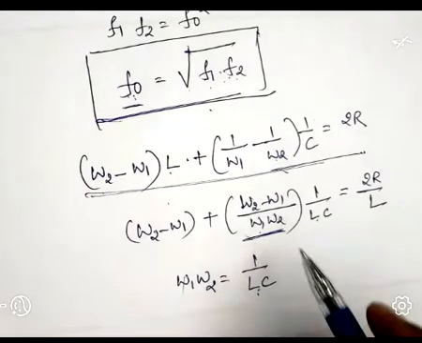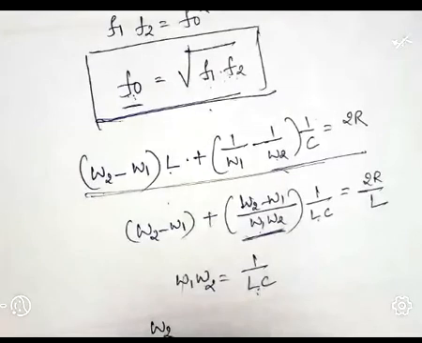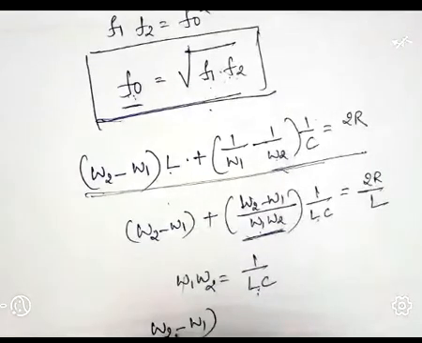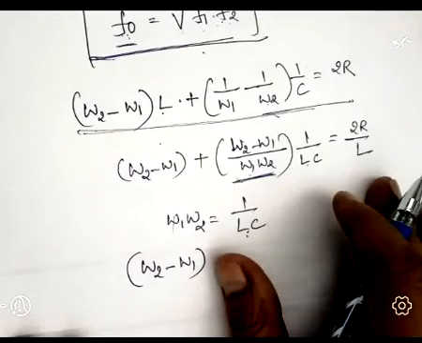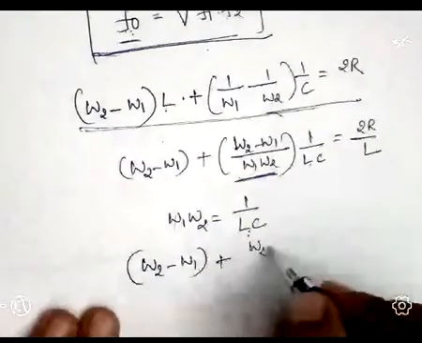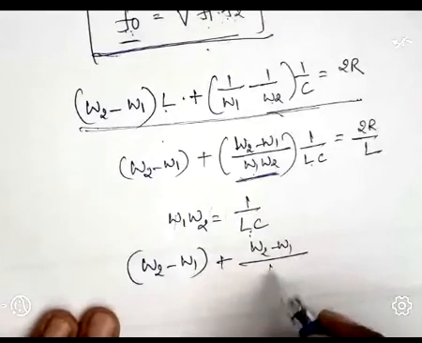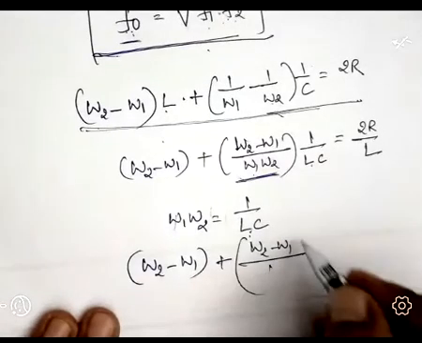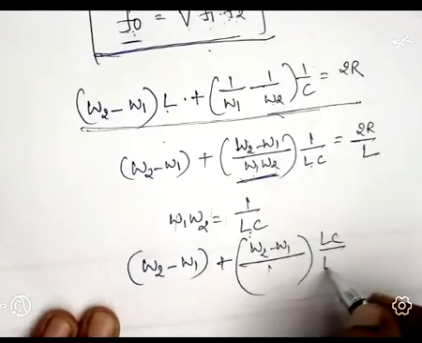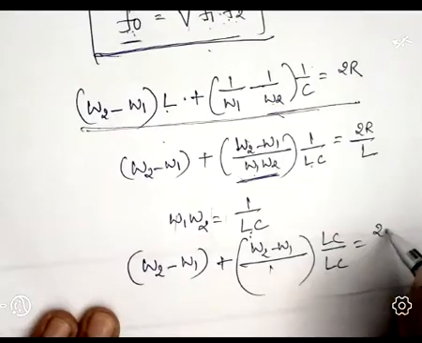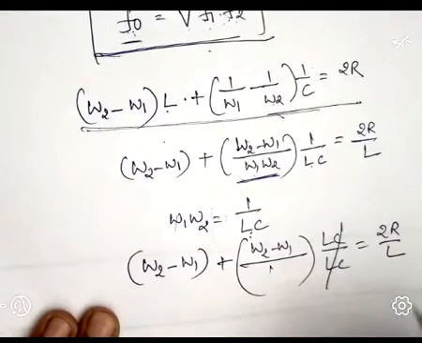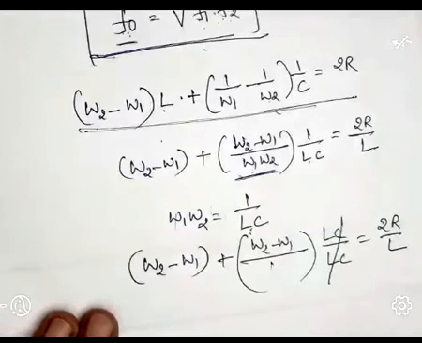Okay, let us simplify here. Omega 2 minus omega 1 plus omega 2 minus omega 1 divided by, this one I'm going to substitute. 1 by LC means it will go to the numerator. LC divided by LC, 2 into R by L. And this term gets cancelled. Is it clear? Now, next step, simplification.